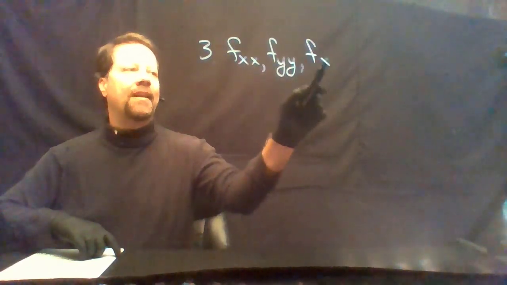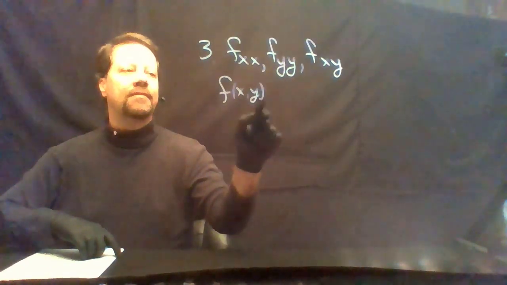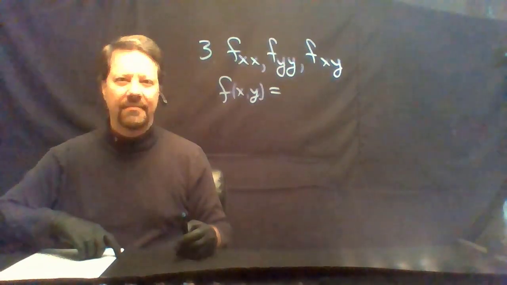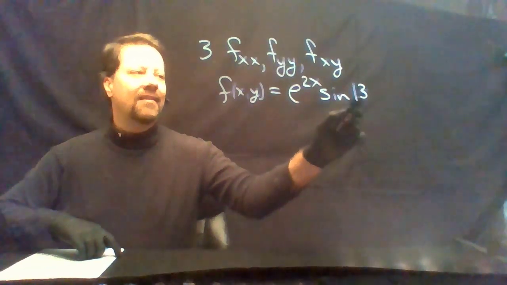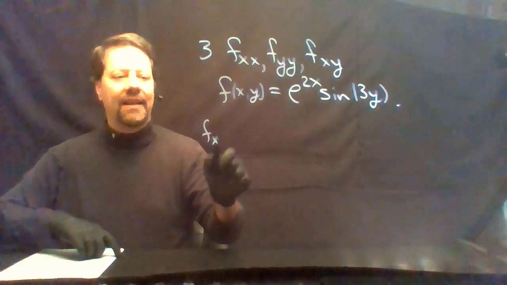On problem 3, I ask you to calculate fxx, fyy, and fxy, where the function is e to the 2x sine of 3y. Let's calculate fx first.